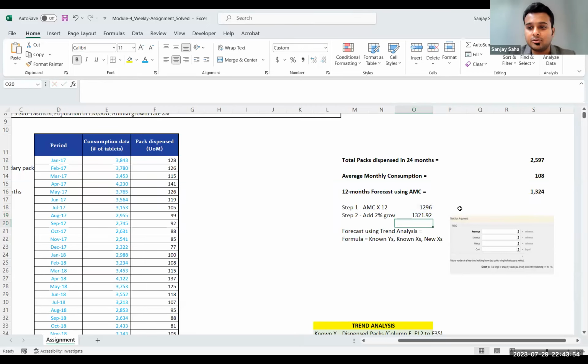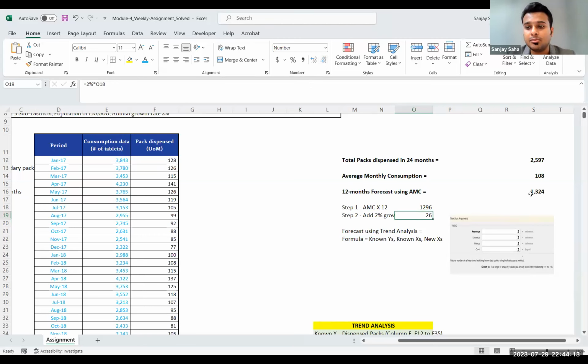So we get something wrong. 2% of 1296 is 26.